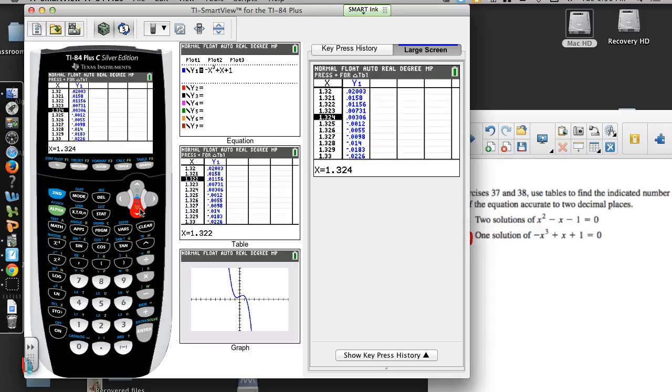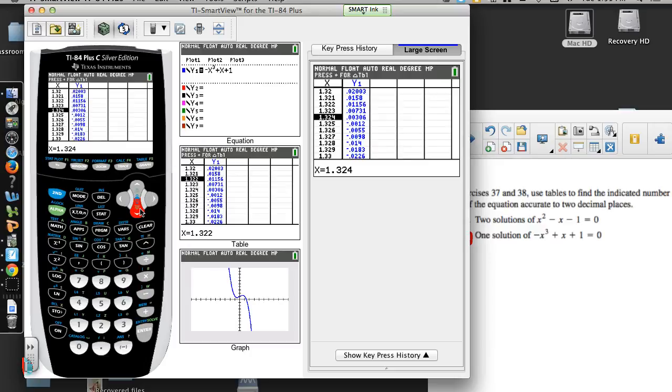Actually 10 thousandths, sorry, 100 thousandths and 10 thousandths there. So what we want to do is figure out which one of those is closest. And I just keep thinking all you have to do is look at the decimals here, and you'll see that in the third decimal place for 1.324 we have a 3, and then in the third decimal place for 1.325 we have a 1.